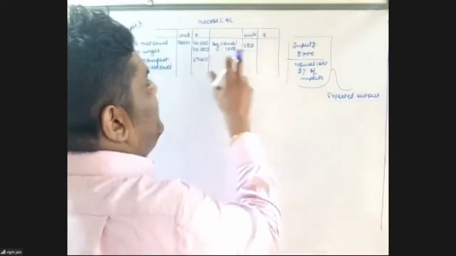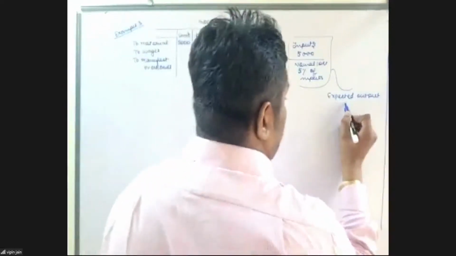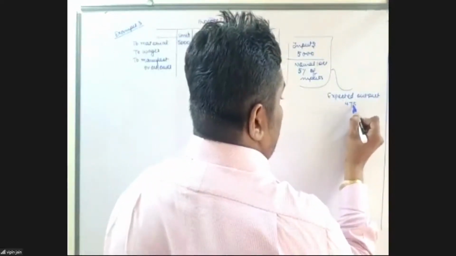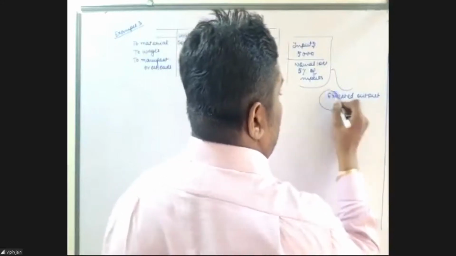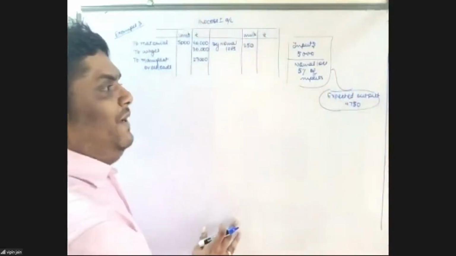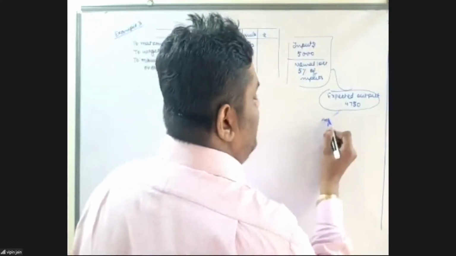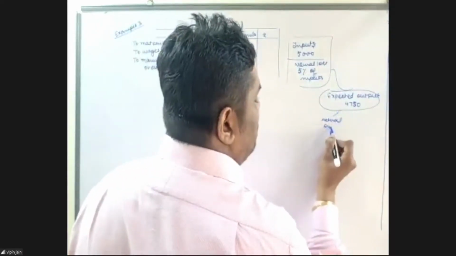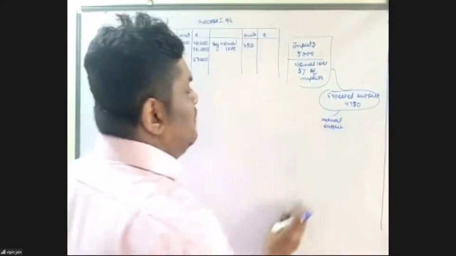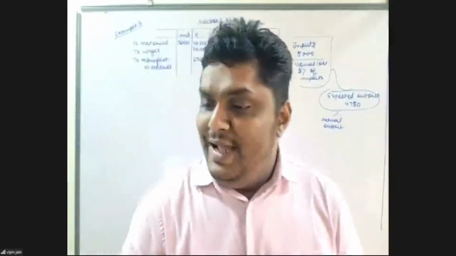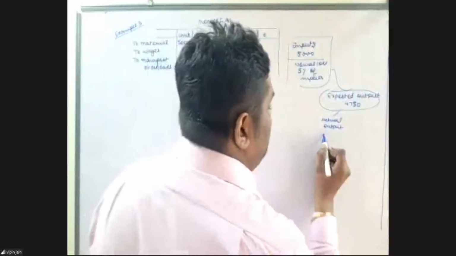Very simple, 5,000 minus 250, that is 4750. My expected output is 4750 units. However, my actual output is how much? It is given in the question that the actual output is 4550.